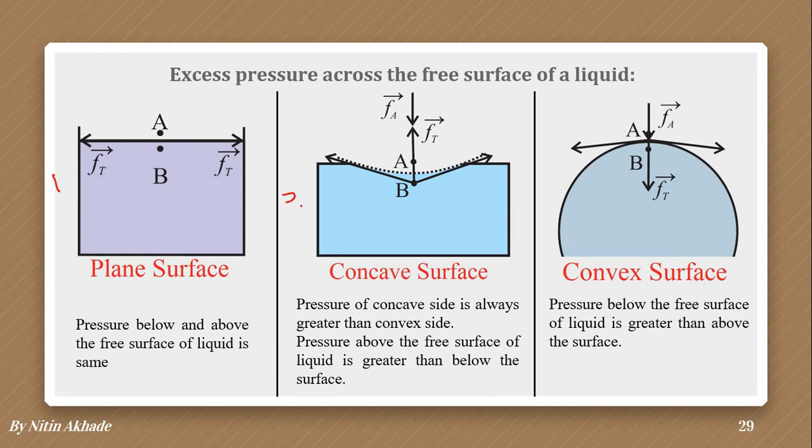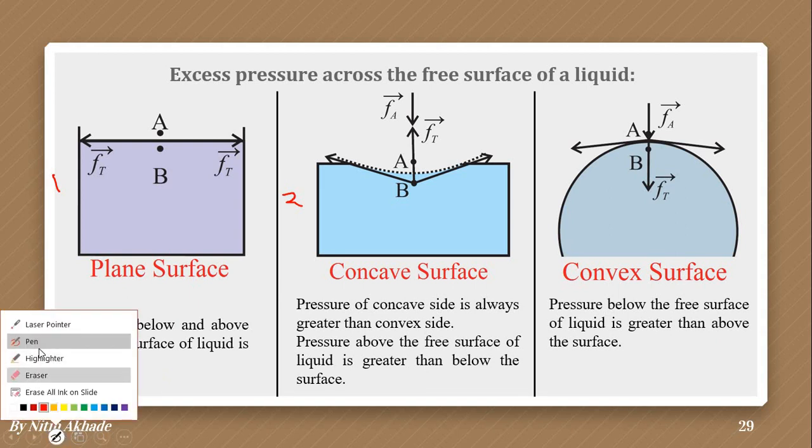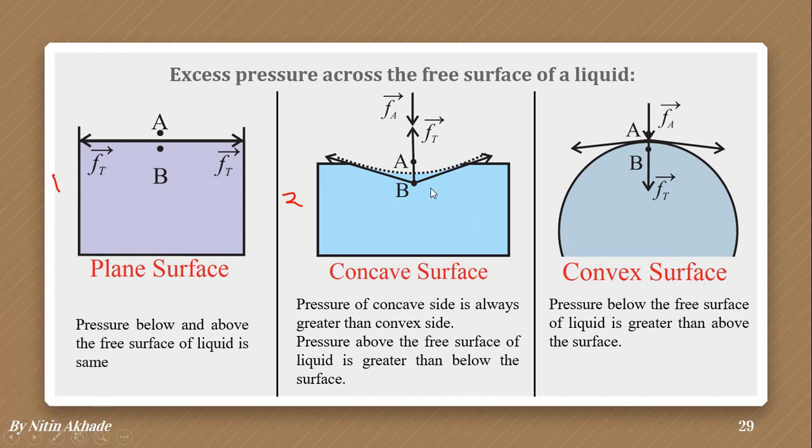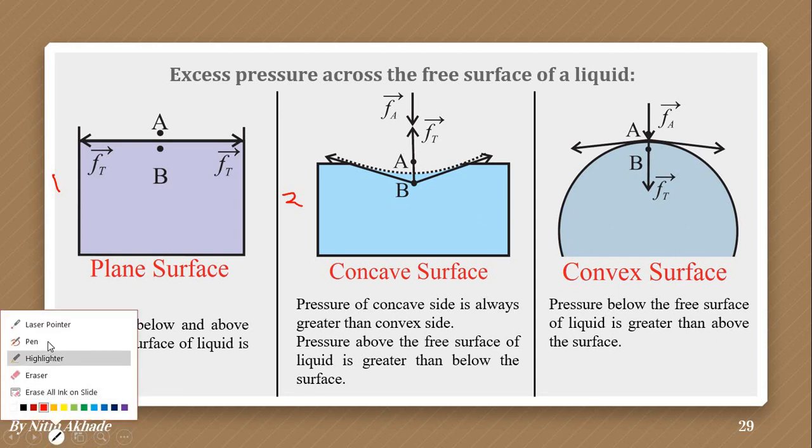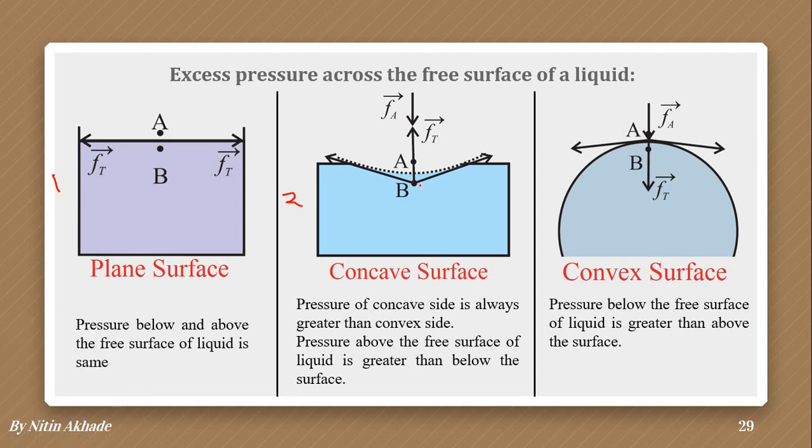Now consider the second case. The surface will be concave. At point B, the tangent drawn to the liquid surface towards the right is like this, and the tangent drawn to the left will be like this. So their resultant force is vertically upward.